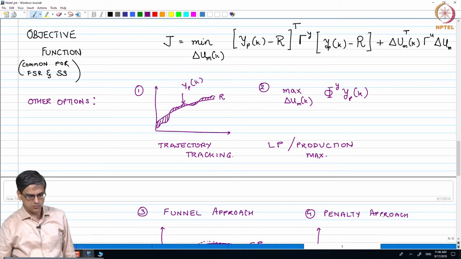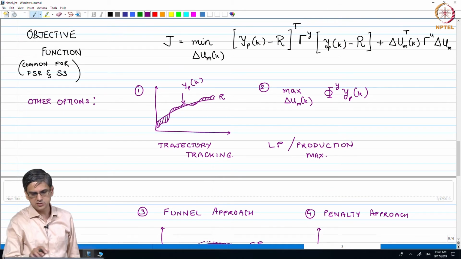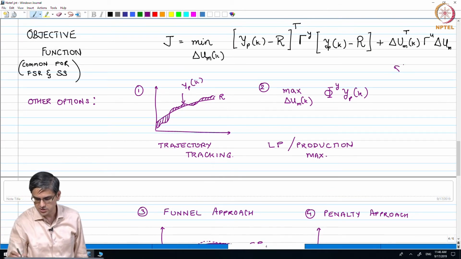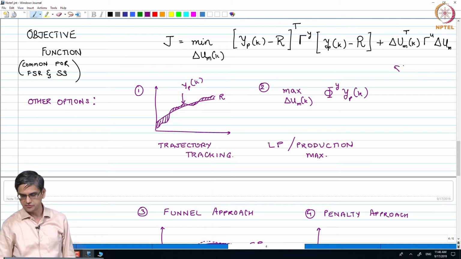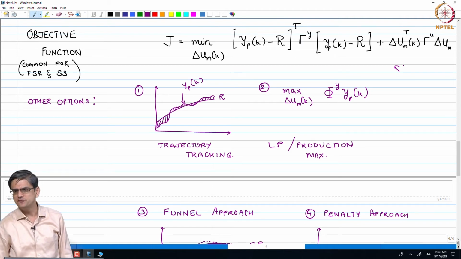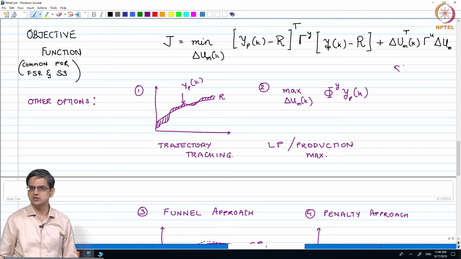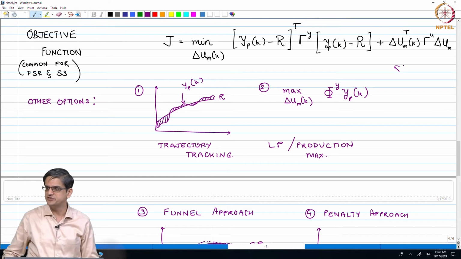Let us not worry about the other objective functions. The objective function that is of interest to us is this particular one. This is all sum of square errors. Yes, you can use sum of absolute errors. The problem is that it becomes non-differentiable at error equal to 0.